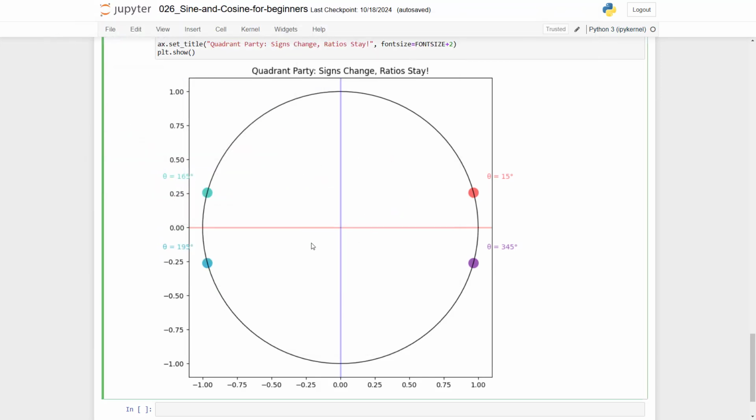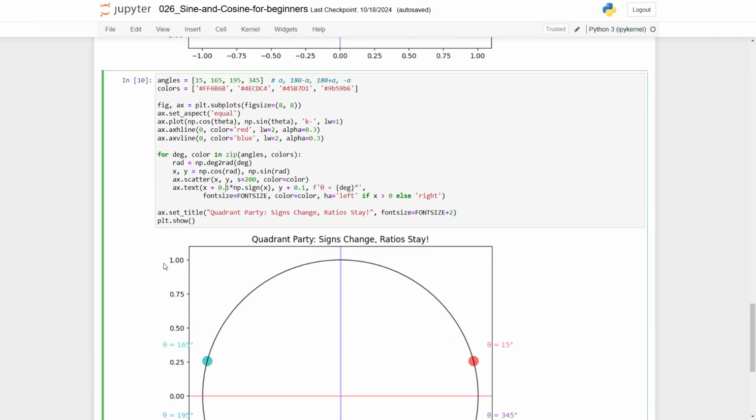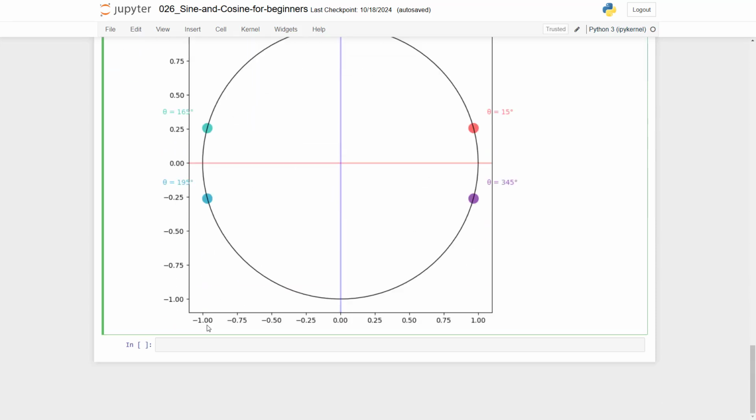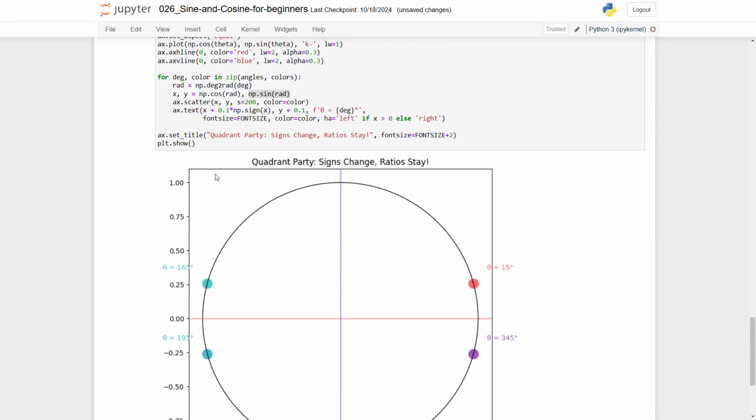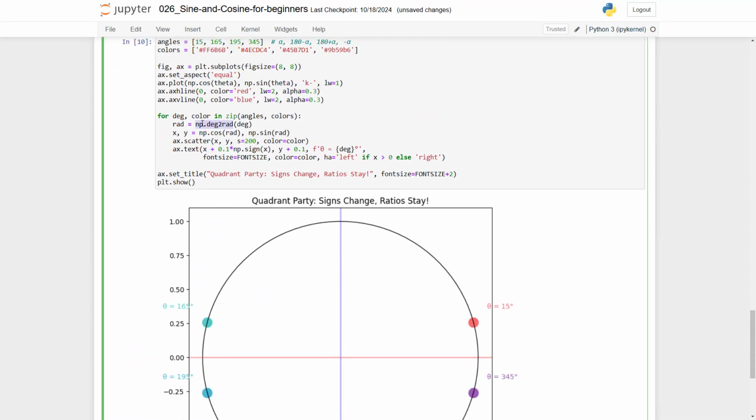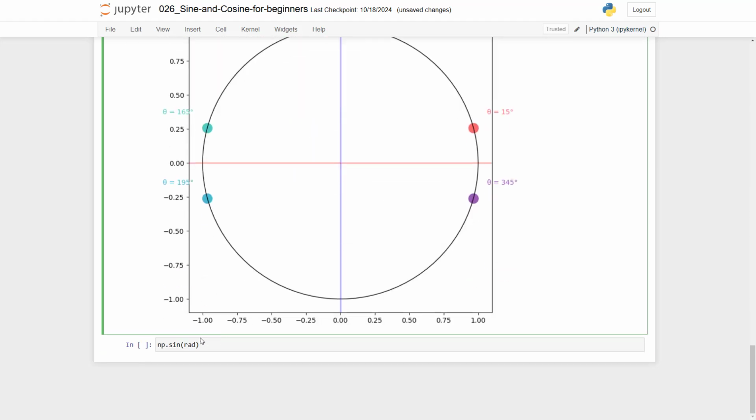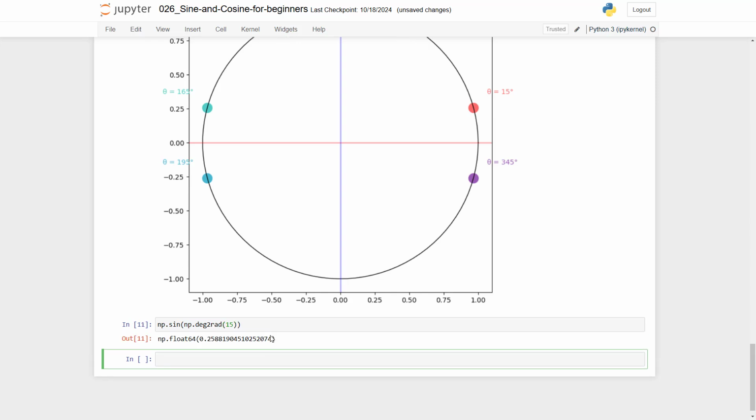Let's see whether we can prove it somehow. NumPy sine, but it's in radians, so degrees to radians, and here we say fine, 15.